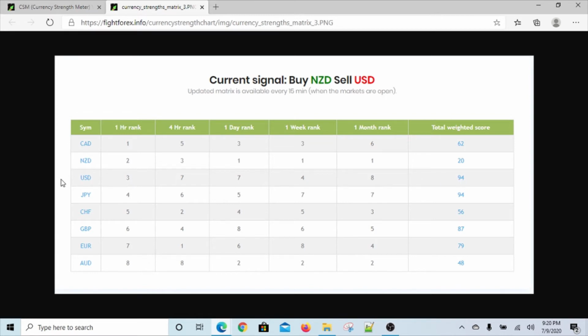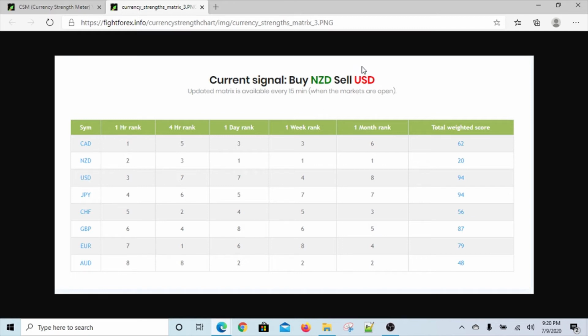In this case, it's taking United States dollar, which has 94, and the New Zealand dollar, which is the least, which is 20, and it is showing that New Zealand dollar is the strongest in terms of currency strength ranks, and US dollar is the weakest.